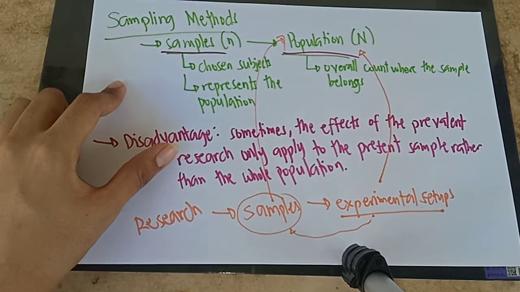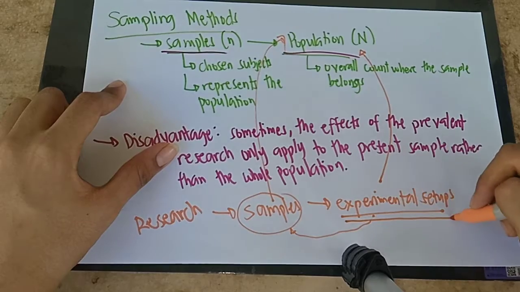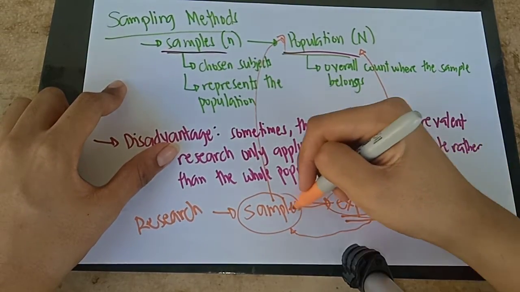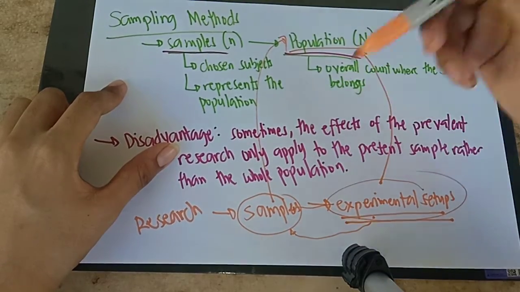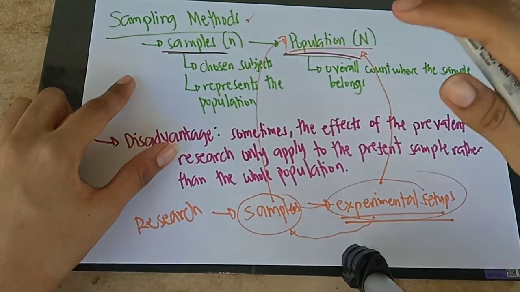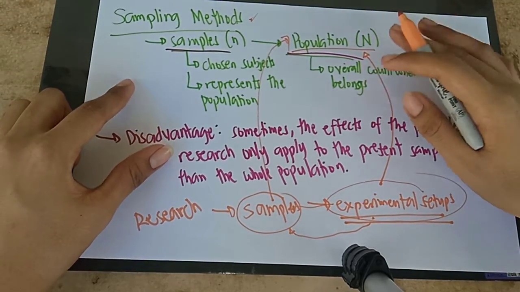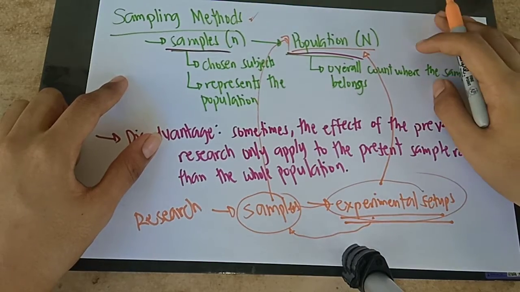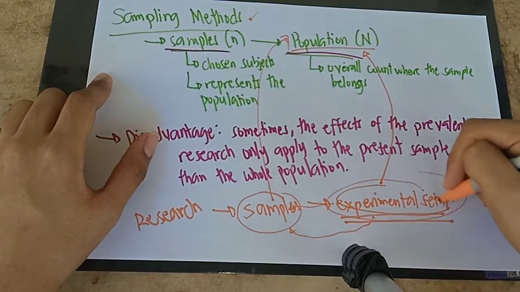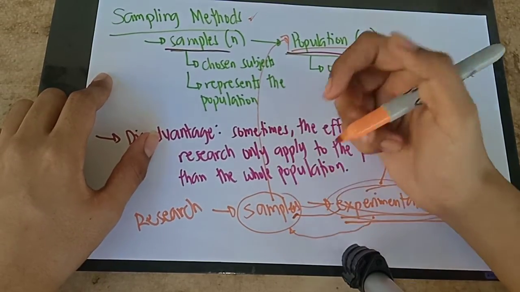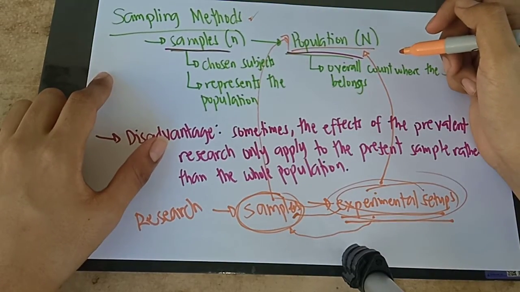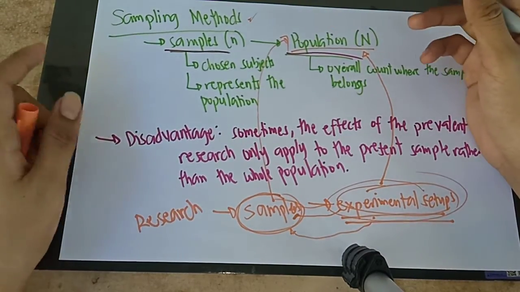What do we mean by that? There would be the doubt that it will only apply to the samples rather than the population, because the main essence of using sampling methods is to reduce the cost and the amount of experimental units. However, the disadvantage is that sometimes the effects of the experimental setups applied on the samples only apply to these samples rather than the whole population. So, that is the main disadvantage.